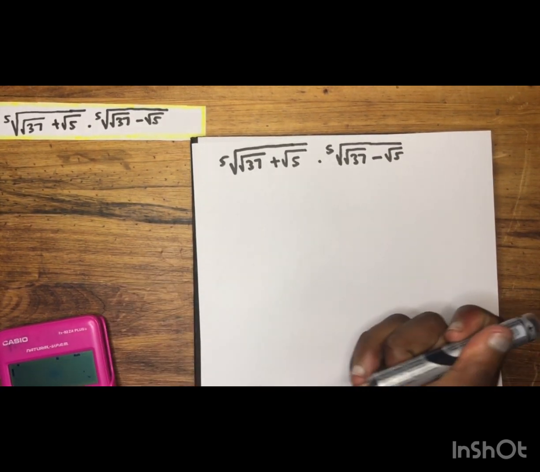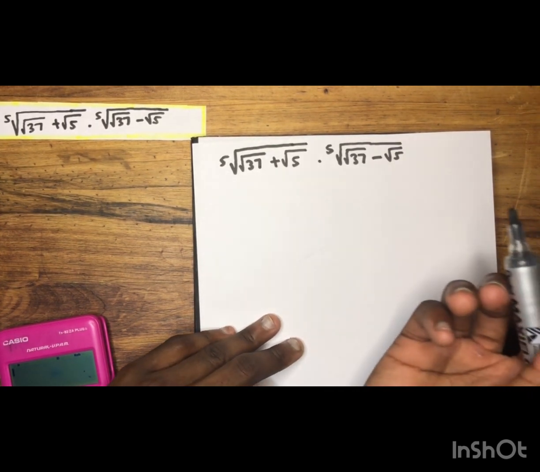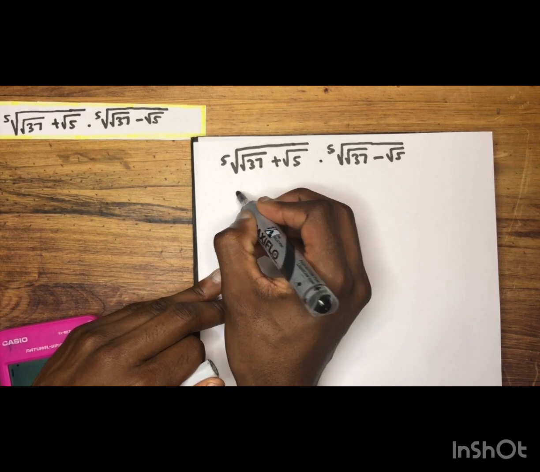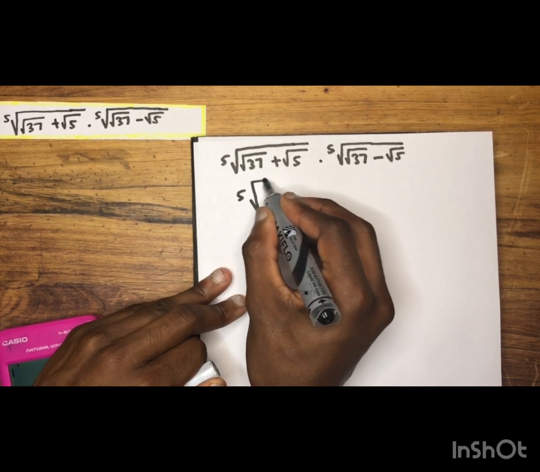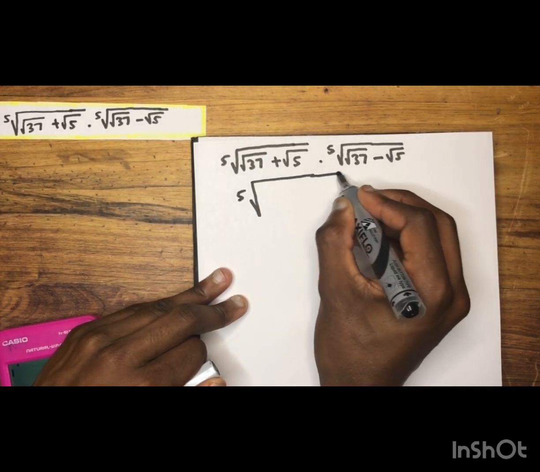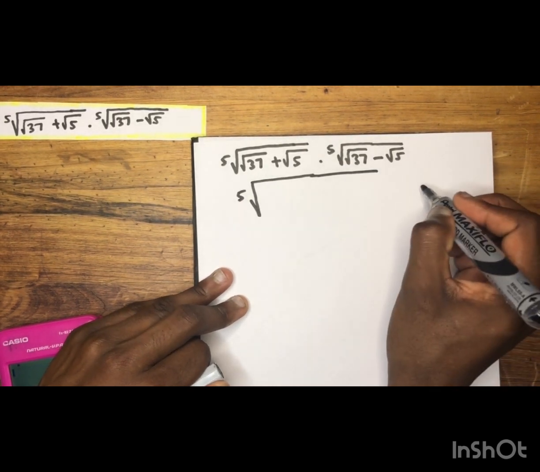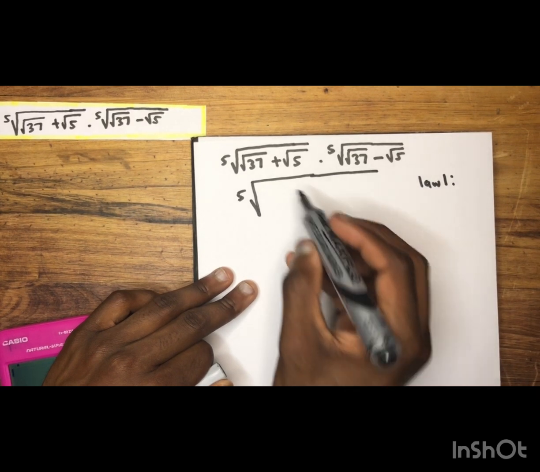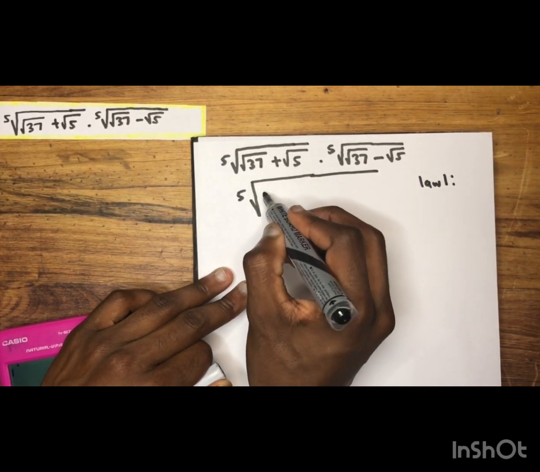So to make my life easy, I'm going to apply law 1 of sets. I'm going to take one root and multiply what I have inside. So this is law 1 that I'm going to use for sets.